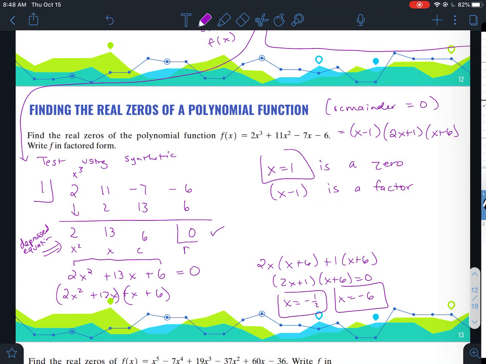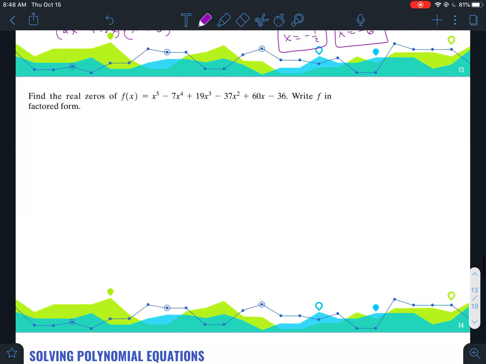So it worked. So again, we can use the rational root theorem to test zeros, or we could just use Desmos to find them. So again, on this one, if we wanted to find the real zeros, we do all the factors of negative 36, so plus or minus 1, 2, 3, 4, 6, 9, 12, 18, and 36.